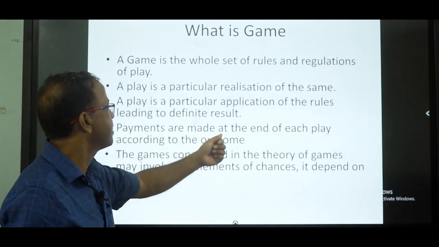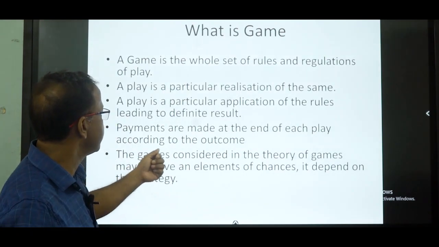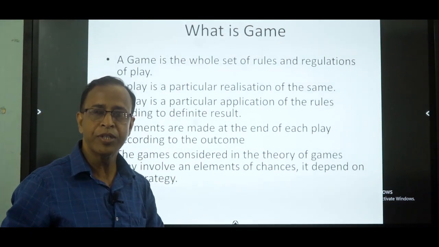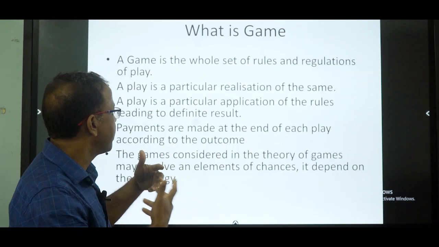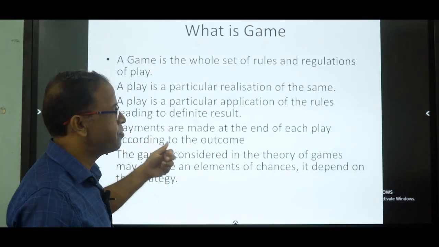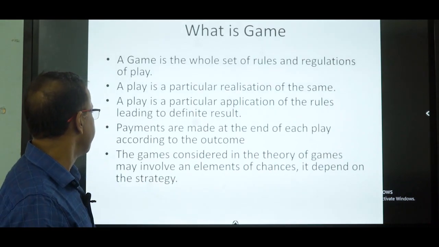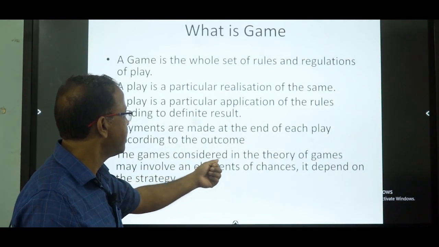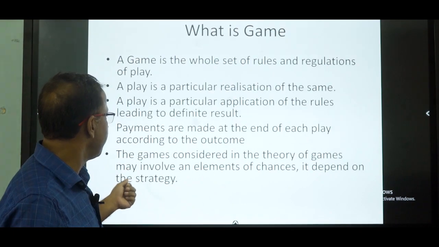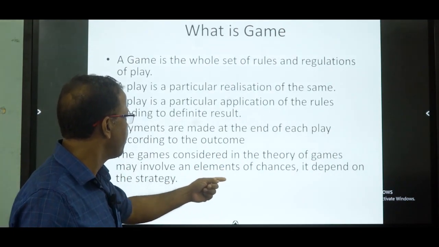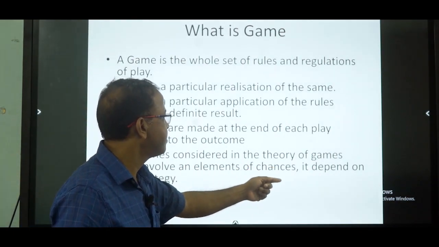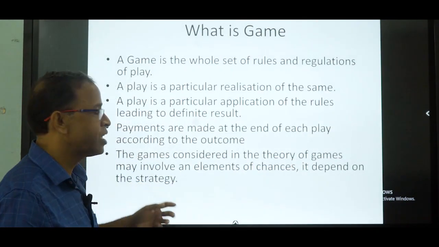Payments are made at the end of each play according to the outcome. That means, according to the outcome, the payments mean what is the outcome of the result, what is the outcome of the game. And the games considered in the theory of games may involve an element of chance. It depends on the strategy.